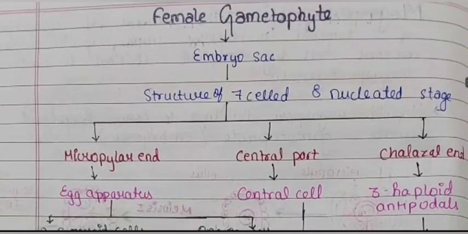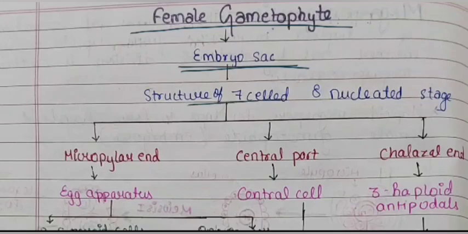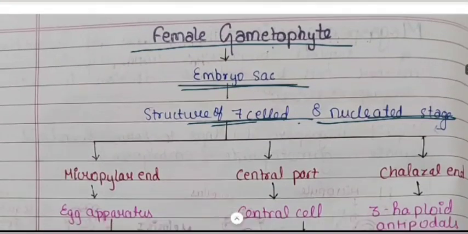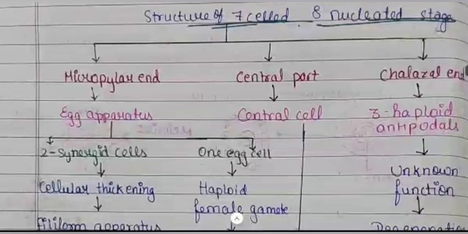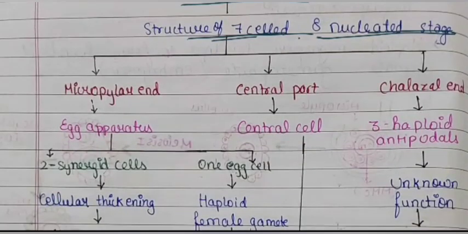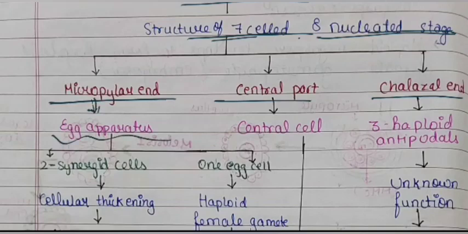Now, if we talk about the female gametophyte, that is the embryo sac, it is at the 7-celled and 8-nucleated stage. As we have seen in the previous slide, there is the micropylar end and the chalazal end. At the micropylar end, the egg apparatus is formed, out of which two synergid cells and one egg cell are present.